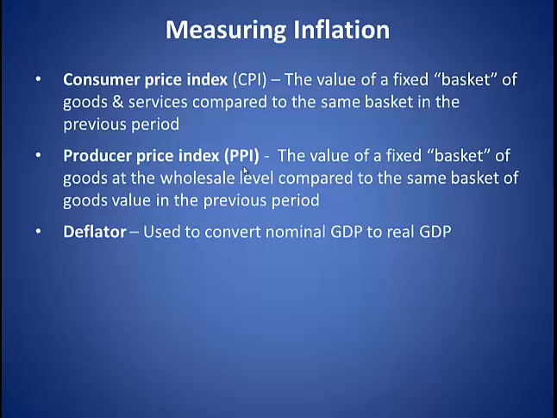Again, it will be used in a deflation calculation to squeeze out any inflation factor that occurred in the new year, so we can compare the current year against the previous year, apples to apples.